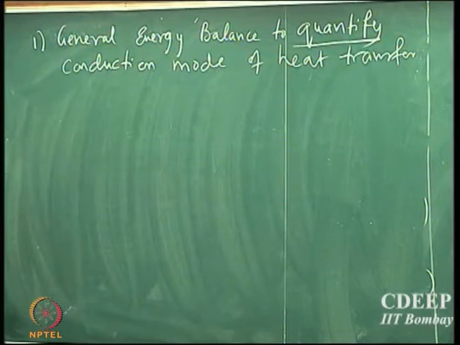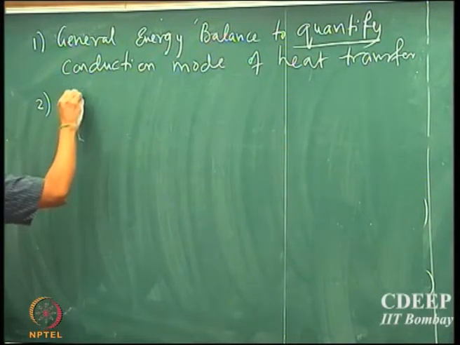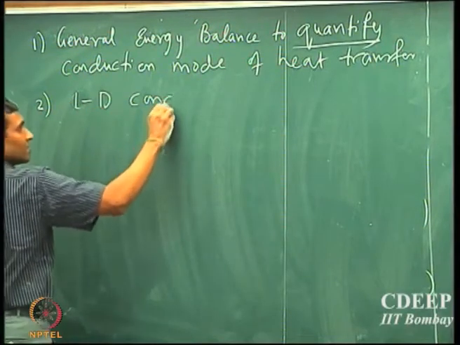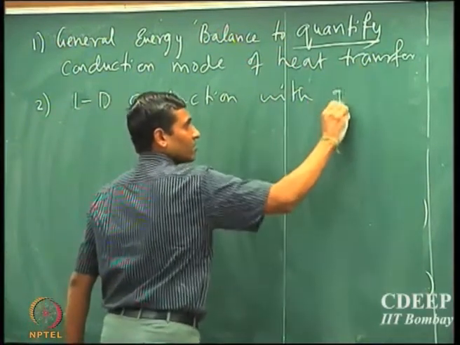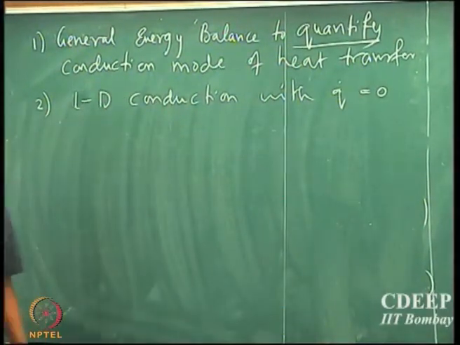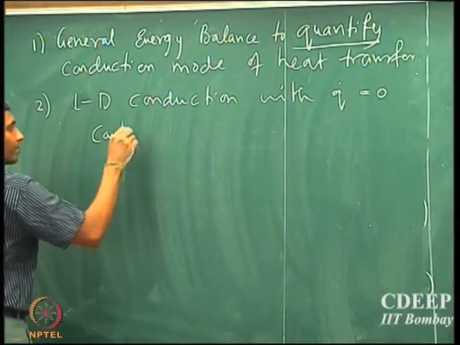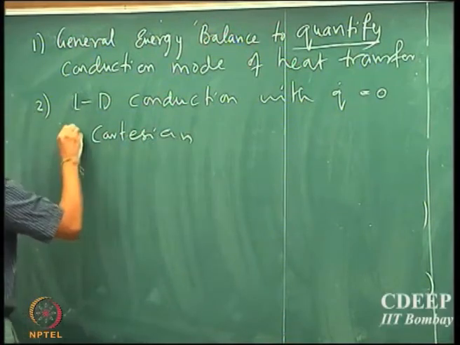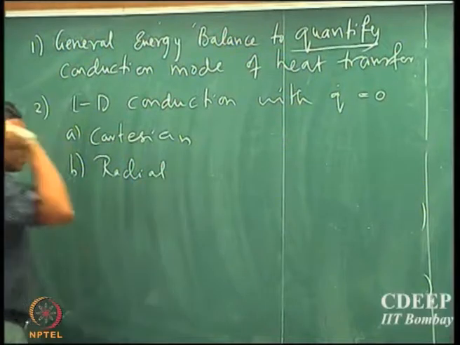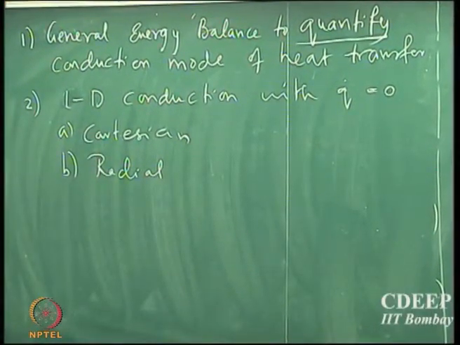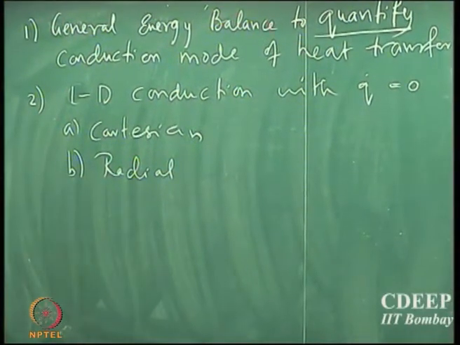Then we looked at a very simple case of 1D conduction without heat generation. Here we looked at the Cartesian coordinate system and the radial coordinate system. So this is the first aspect of the conduction process.